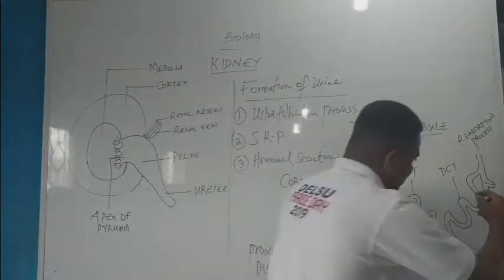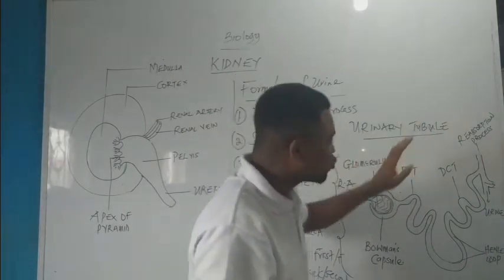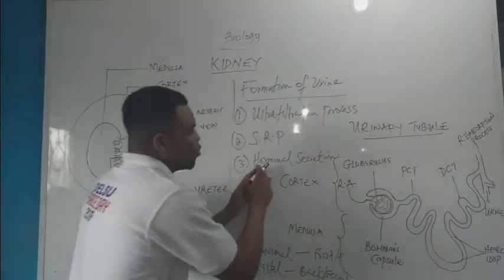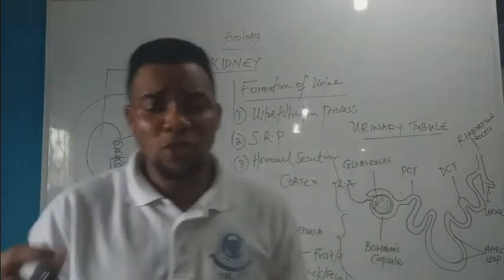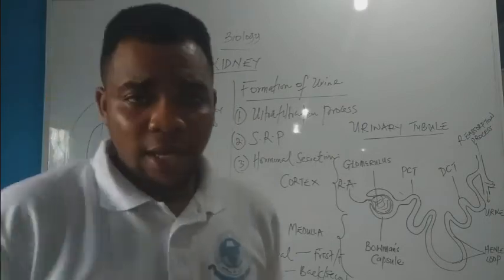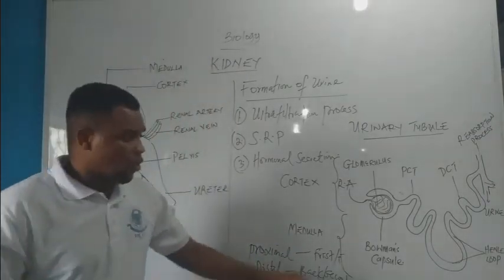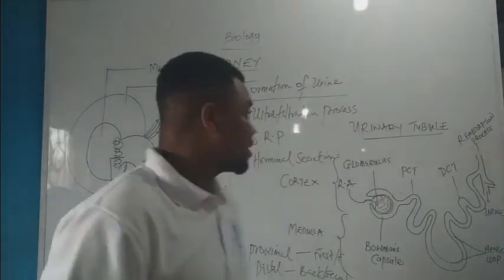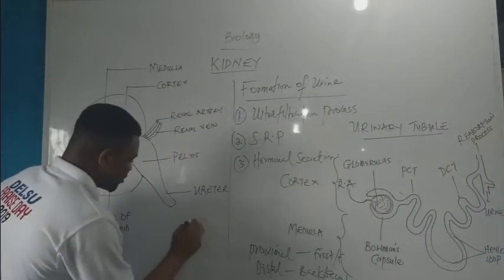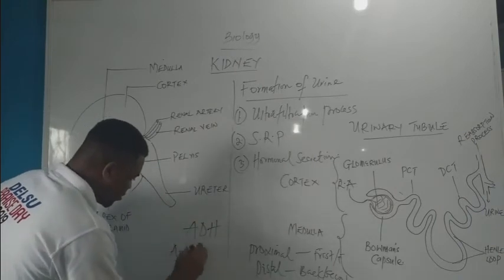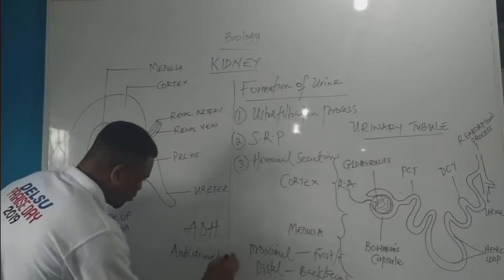Now the remains moves and goes to what? The distal convoluted tubule, which leads us to what? Hormonal secretion. Now, the pituitary gland has numerous hormones, but one of the hormones that act on this part of the nephron is the antidiuretic hormone, known as what? ADH, antidiuretic hormone.